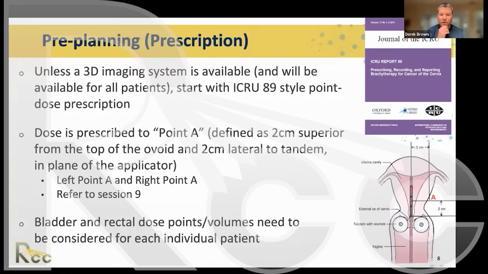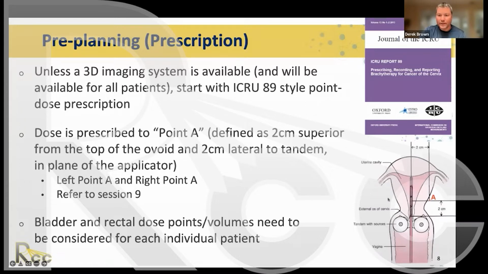Some of us on the call will still be doing that, and that's totally fine. When we were using that strategy, we didn't have the ability to see where the cervix was. So we had to say, for most of our patients, if we use this point A, we're going to cover the cervix. Point A is defined as 2 centimeters up from the ovoid, the cervical os, 2 centimeters along the tandem, always in the plane of the tandem, and then 2 centimeters laterally, left and right.